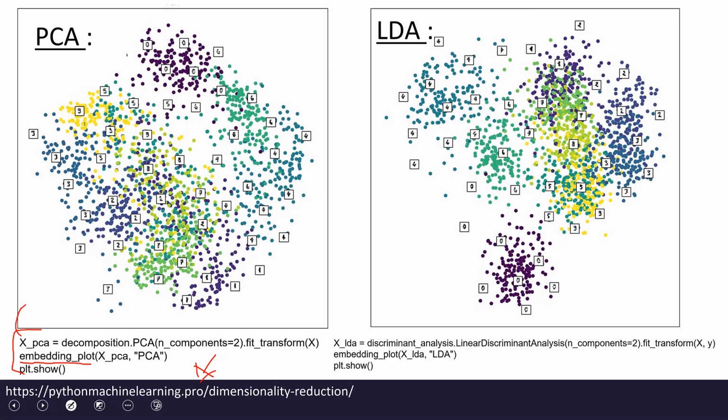This first line does the PCA projection in Python. On the right-hand side, we have the linear discriminant analysis. Again, the first line does that LDA projection. The second line makes a custom plot, and plt.show says show that plot.